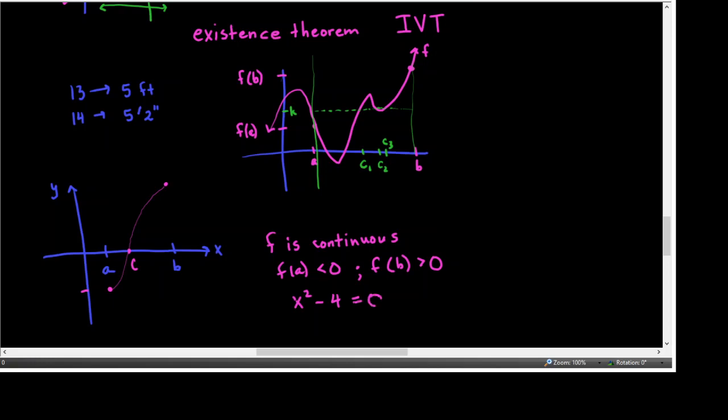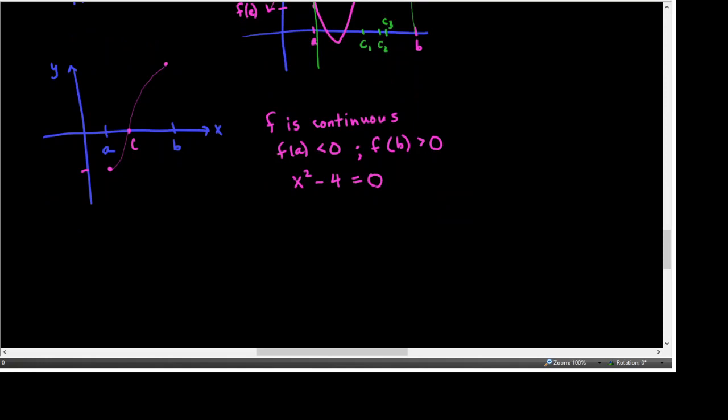But if we were trying to solve that, if I were to pick a number like negative 3, negative 3 squared is 9, 9 minus 4 is 5. So that's a positive answer. And if I were to pick a number like, I don't know, 0, 0 squared minus 4 is negative 4.